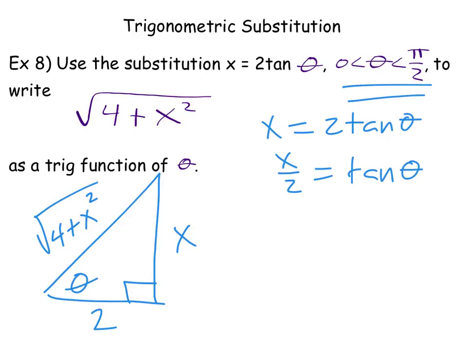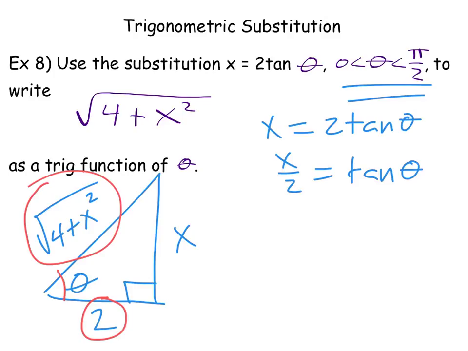Now this part might require a little bit of guess and check at first. I don't want x to be in my answer. So I'm really focused on using this side and that side, which leads me to one of two possible trig functions, cosine or secant. Technically speaking, you could use either one. Secant's going to work easier.